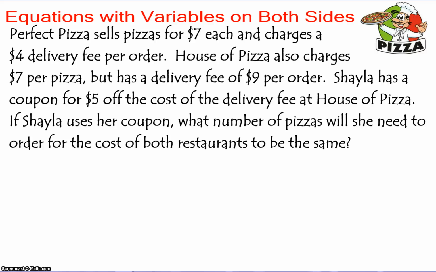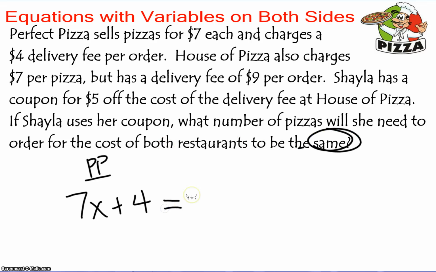Perfect Pizza sells pizzas for $7 each and charges a $4 delivery fee per order. So we can go ahead and write that expression. Perfect Pizza, so we have $7 each plus $4. And right here, to order this to be the same, so we know there's an equivalent sign or an equal sign.